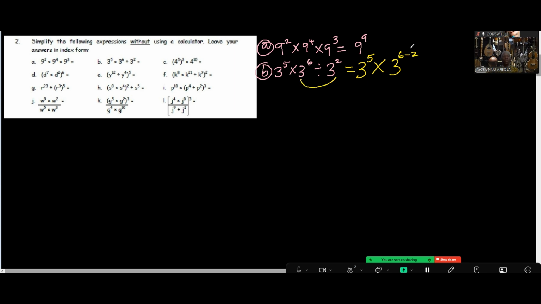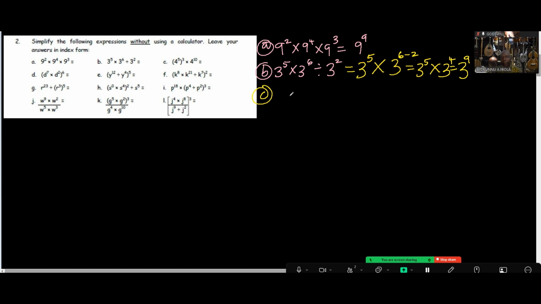This is equal to 3 raised to the power 5 and then 6 minus 2 is 4. Finally, you can pick one of the threes and say 5 plus 4, that is 9. So this is 3 raised to the power 9.